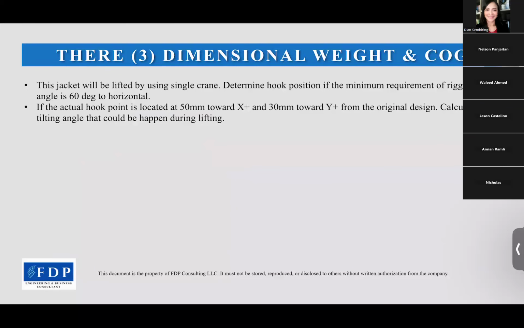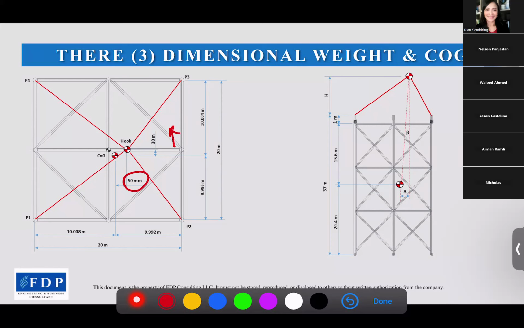So if the hook position is shifted 50 mm to the X positive and 30 millimeters to the Y positive, absolutely the structure will be tilted, but how much it will be tilted, that's the question right now.